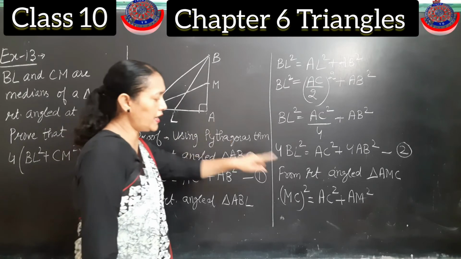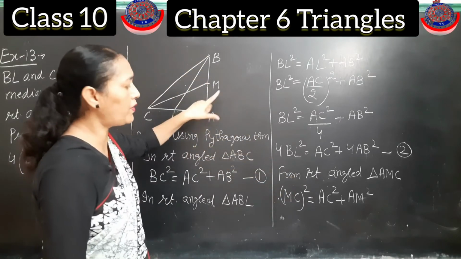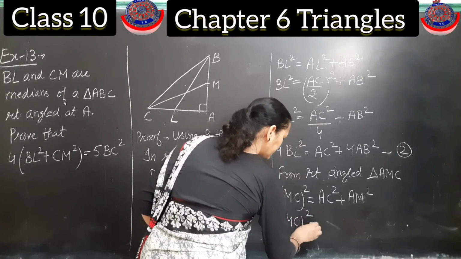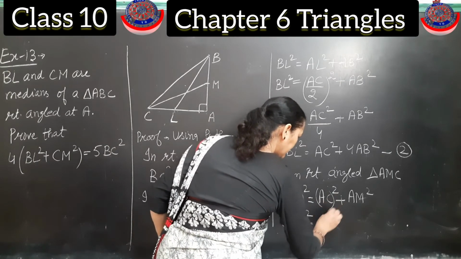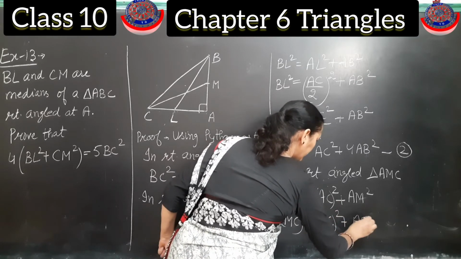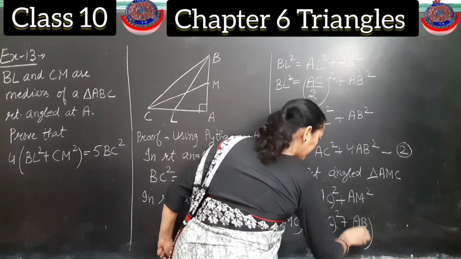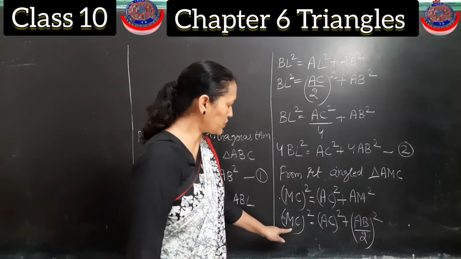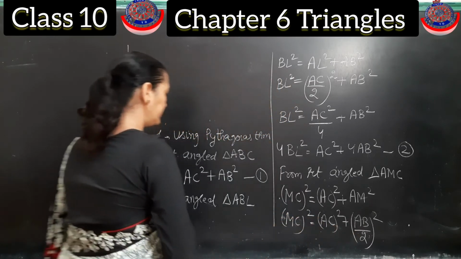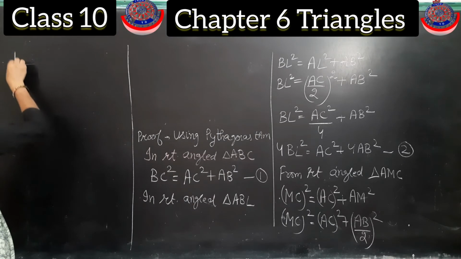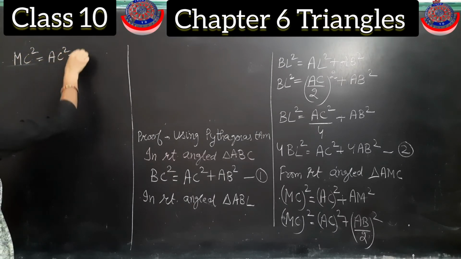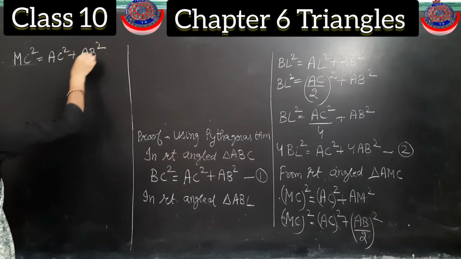So where we have written AM, we can write AB upon 2. We will get MC square equals AC square plus AB square upon 4.